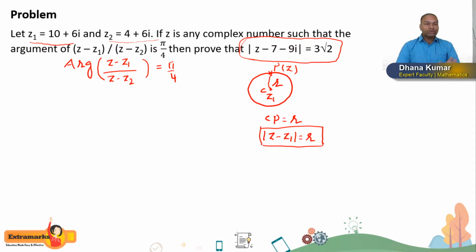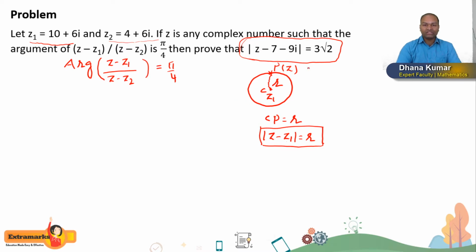Okay, so there are different circle formulas in complex numbers. The first, basic formula: modulus of z minus z1 is equal to R. Then locus of z is a circle whose center is z1 and radius is R. Understood? Right.